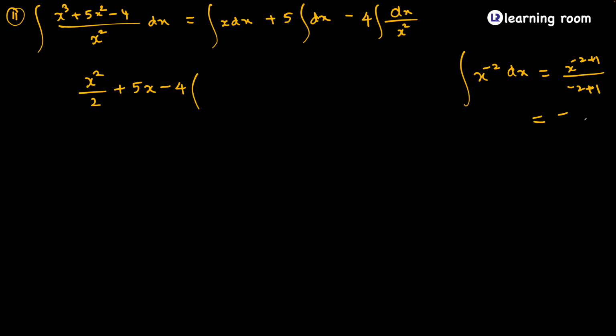So it will actually come out to be minus 1 by x, because derivative of 1 by x is minus 1 by x square. So integral of 1 by x square should be minus 1 by x. So here it will be minus 1 by x plus c. So what is going to be the answer? X square by 2 plus 5x plus 4 divided by x plus c. Okay. Clear with this?